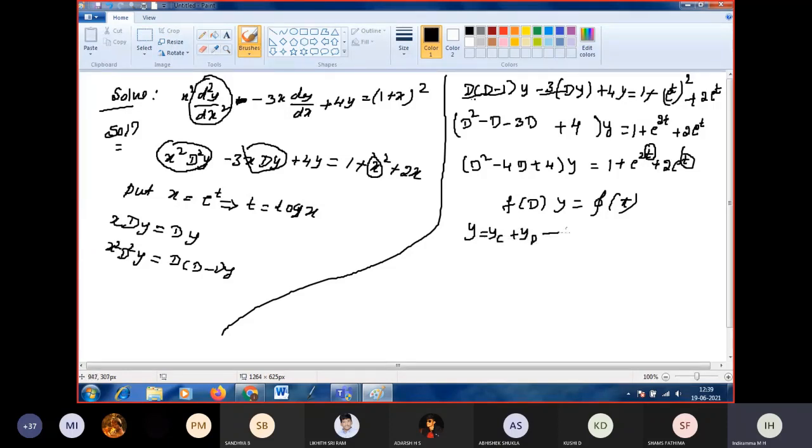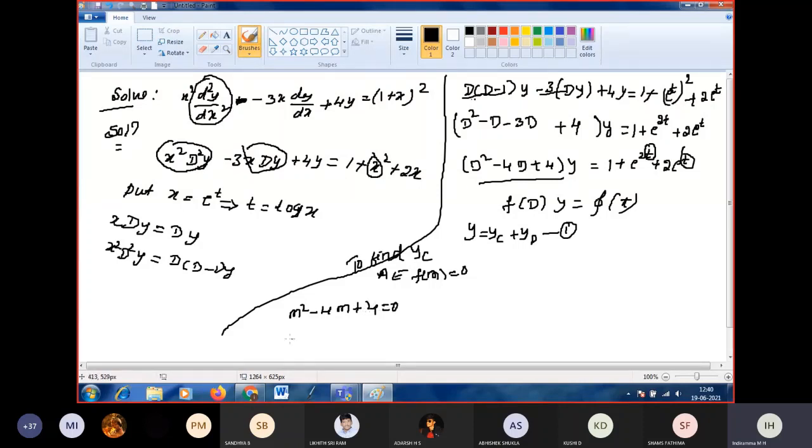To find yc, what should we consider? The auxiliary equation. To find yc, consider the auxiliary equation f of m is equal to 0. What is f of m? m square minus 4m plus 4 equals 0.